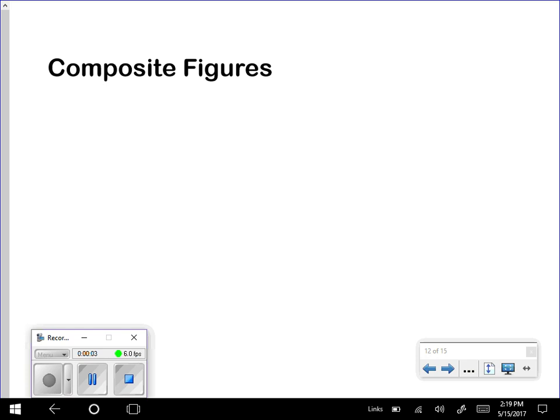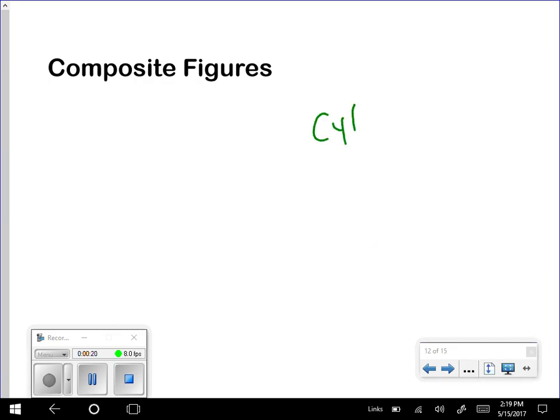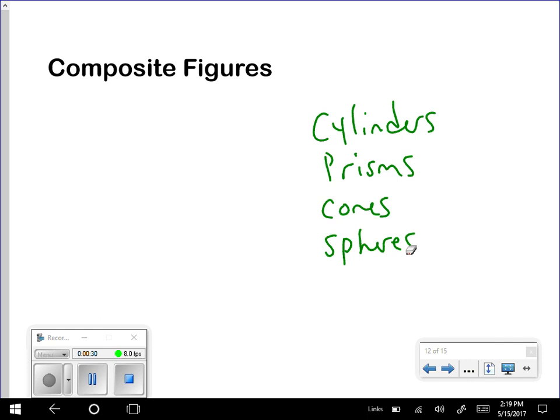Today we are going to be looking at composite figures. Today is not going to be much different than what we've been doing, because all we're doing is taking the different types of figures we've used so far, such as cylinders, prisms, cones, spheres, and we're going to be using these formulas to figure out, okay, what if we had a cylinder and a sphere or a hemisphere together?